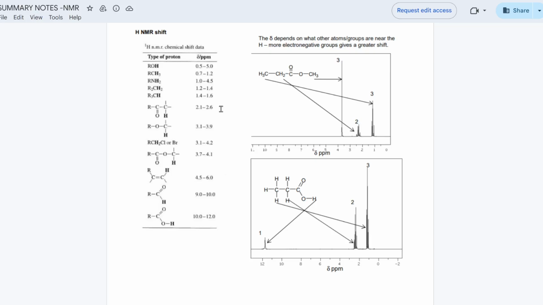So what I'm trying to see here is, this is the chemical shift of a hydrogen attached to a carbon attached to another carbon. Is that what this is saying? Because it's saying 0.7 to 1.2, which is in the range of this one on the far left here. But this one obviously is nowhere near that, which is interesting.